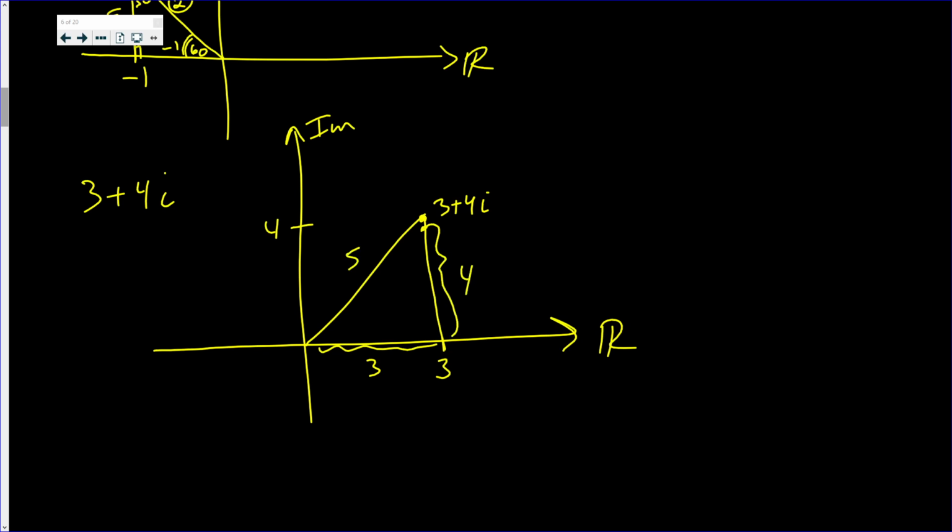Wonderful, we have r. So 3 plus 4i is equal to r times cosine of an angle plus i times the sine of an angle. Well, what is the angle? In this triangle, I recognize it as a 3, 4, 5 right triangle, but I don't know what the degree is.